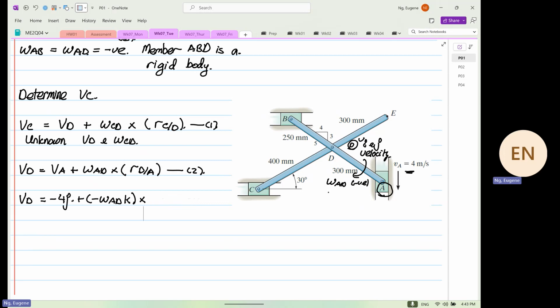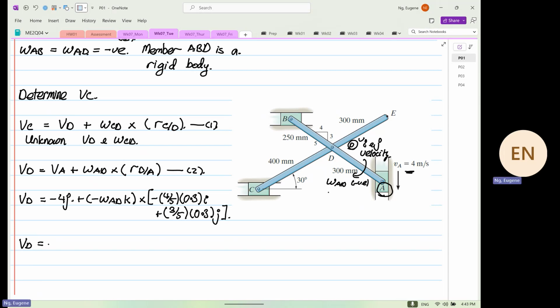Okay, so you have minus 4/5 multiplied by 0.3, and this is your I, and then your J is positive because it's up, 3/5 multiplied by 0.3, and this is J. Okay, so you write this out.